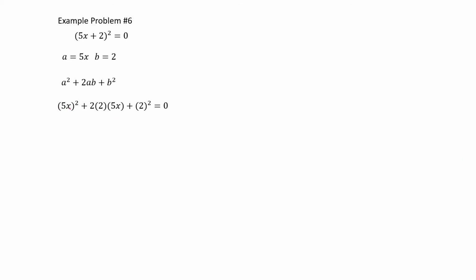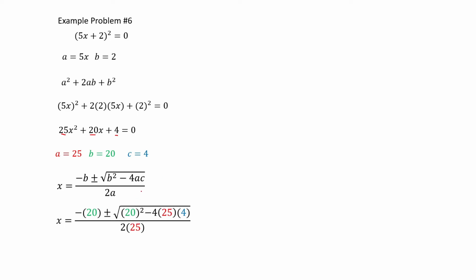Now plug in the a and b, which is 5x. 5x times 5x will be 25x squared, and 2 times 2 is 4 times 5 will be 20, and 2 times 2 will be 4. And now we know our a, b, and c, and we will use these to solve problem number 6. A is 25, b is 20, c is 4.